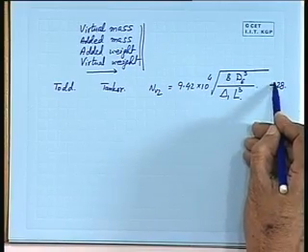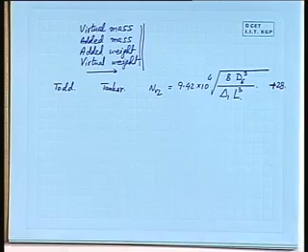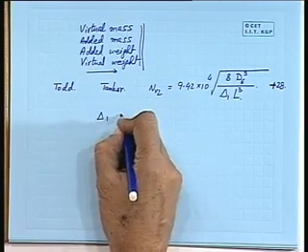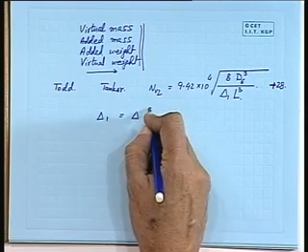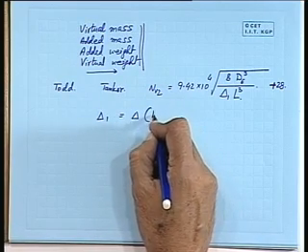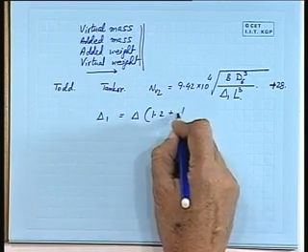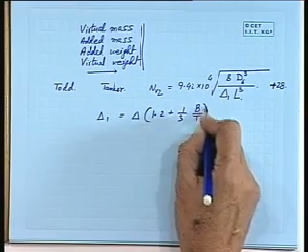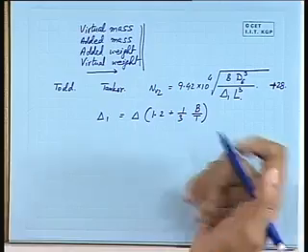So these are all constants here, and he puts delta 1, which is given as delta 1.2 plus 1 by 3 B by T. This has not changed so far.